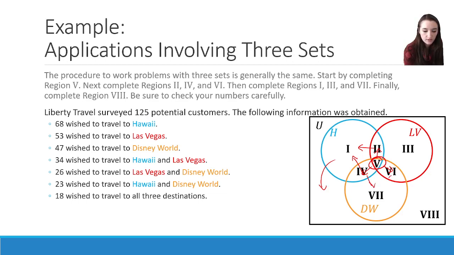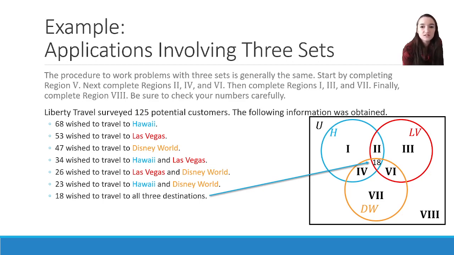So this ordering matters. We need to fill the circles in as we go. Okay, so 18 wish to travel to all three. All three means that's region 5. So that's where we're going to start. We don't have to do any work to get region 5, it's simply 18. But we do have to do some work to get every other region.